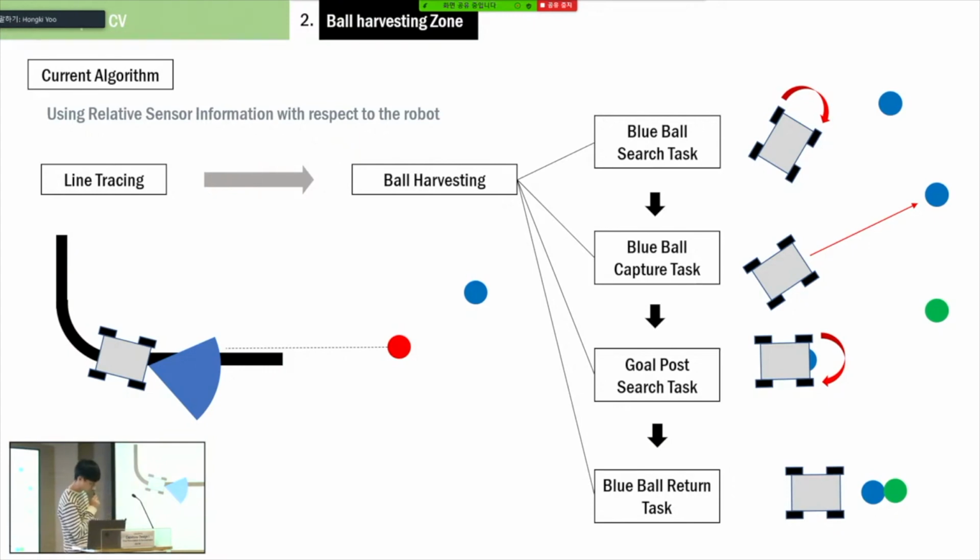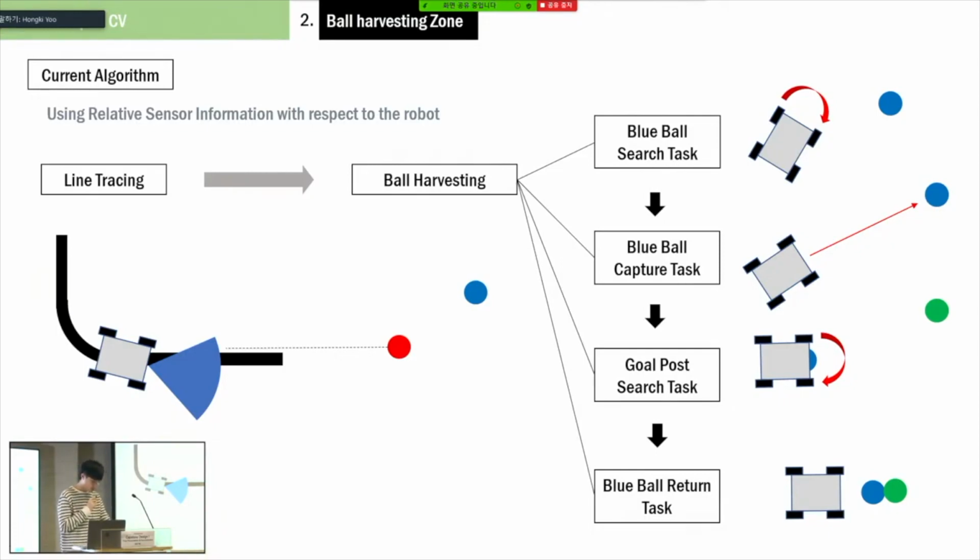This is the overall outline of our current ball harvesting algorithm. The transition from line tracing mode to ball harvesting is done when the robot finds a ball with its webcam. After a ball is found, the control mode is switched to ball harvesting mode, which consists of four large tasks.